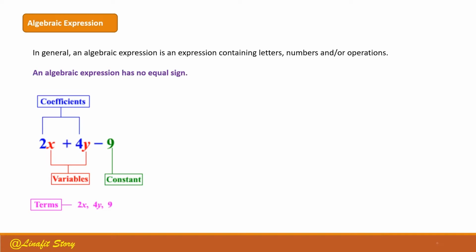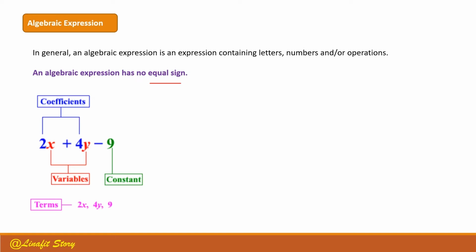In general, an algebraic expression is an expression containing letters, numbers, and or operations. An algebraic expression has no equal sign. For example, 2x plus 4y minus 9 is an algebraic expression. The letters are called variables.